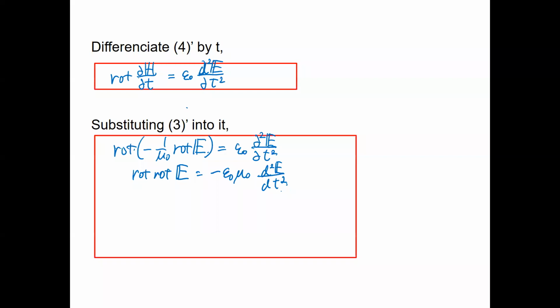And here we use a vector analysis formula, which is rotational rotational A equals gradient divergence A minus Laplacian A. You can check in a textbook of vector analysis, and the Laplacian in Cartesian coordinates is like this.